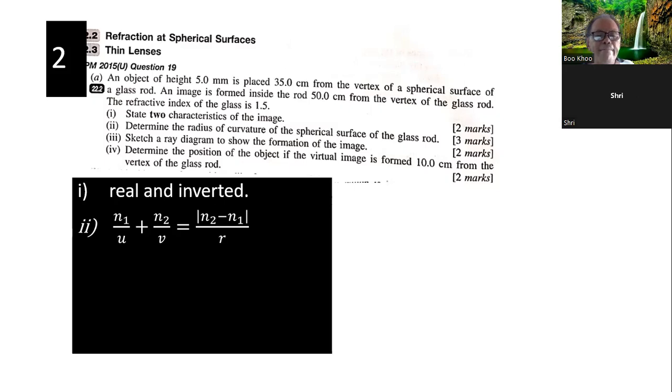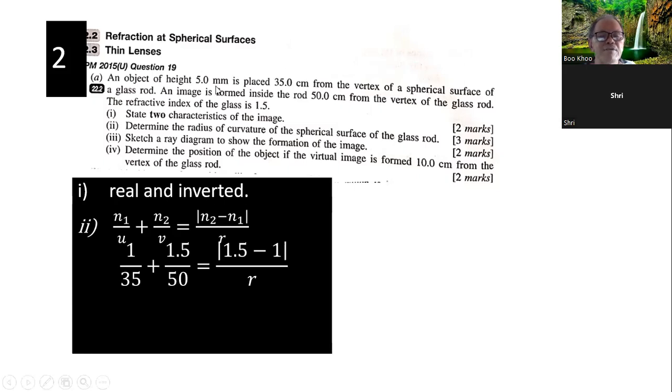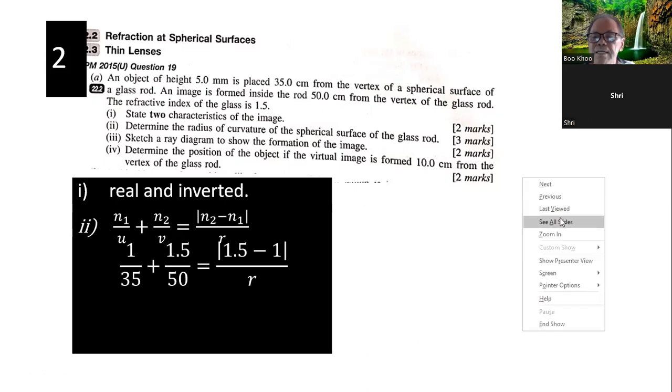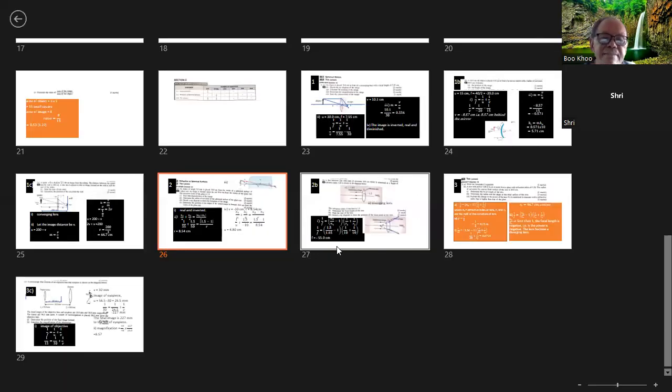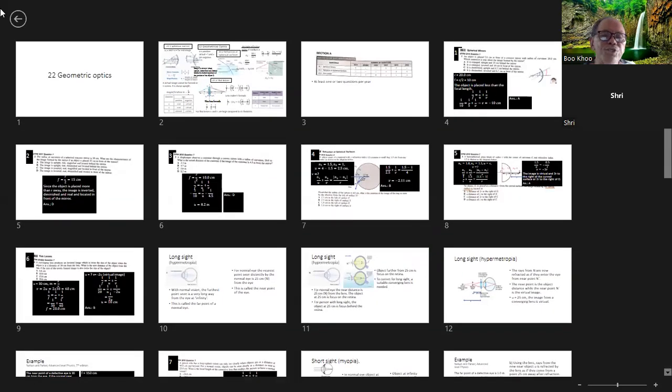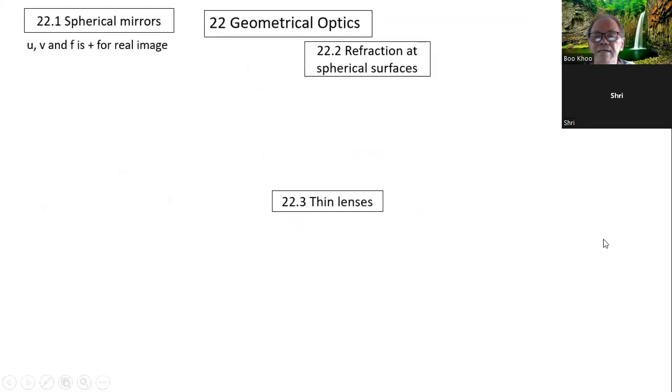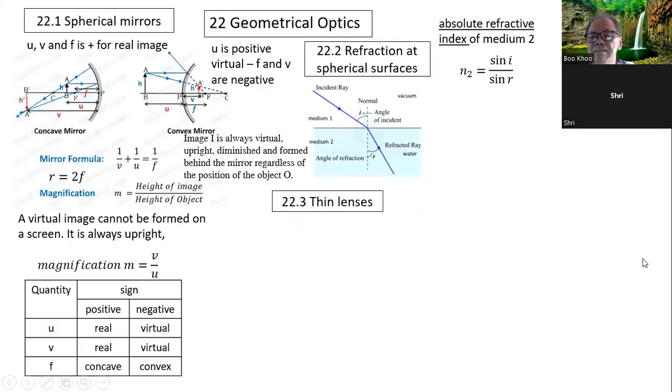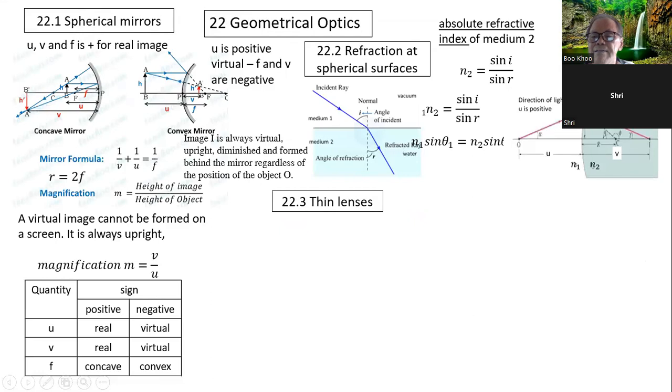Okay, use the lens formula. N1 is for air. Remember, the object is in air. And you are told that the object is height 5 millimeter and placed 35 cm. That's U. Image is formed inside the rod, 50 cm. Okay, so you need to have an idea. Either you draw it or you have an idea. That's your glass rod here.